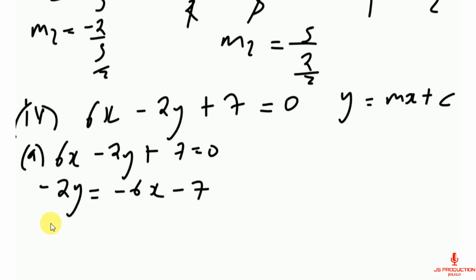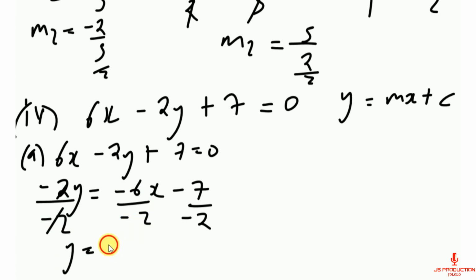And from that we can say divide by negative 2. So y is equal to negative 6 divided by negative 2, that's going to be 3x. Then negative divided by negative, we're going to have positive 7 divided by 2.